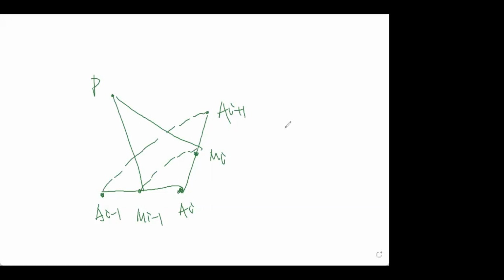And now we need to use the Ptolemy inequality, in the quadrilateral PM_{i-1}, A_i and M_i. But you may ask, how can we think of it?